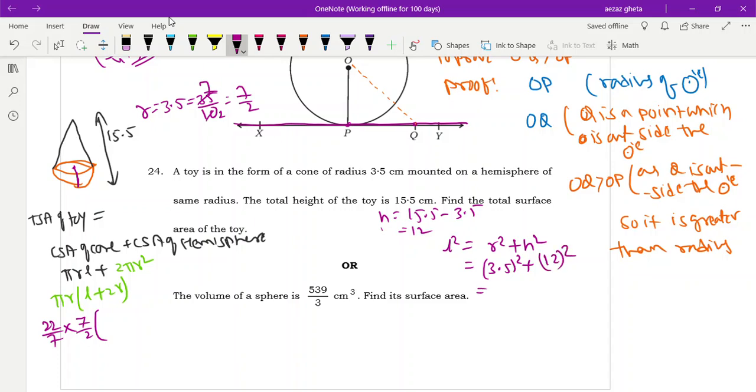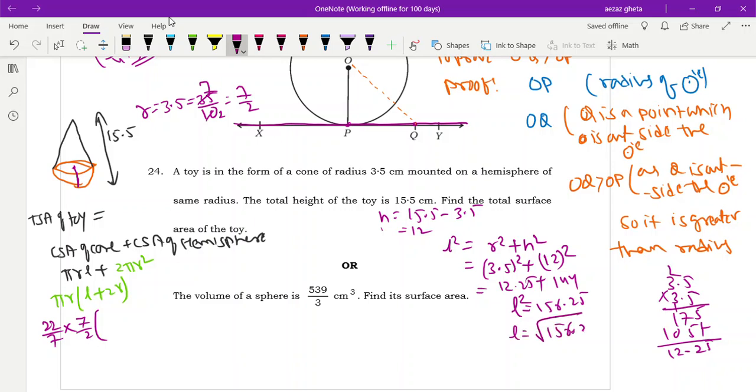So 3.5 into 3.5 is 12.25, plus 144 is 156.25. It is more than 144 and less than 169, so it has to be 12.5. l square is 156.25, so l is the square root of 156.25, which is 12.5.